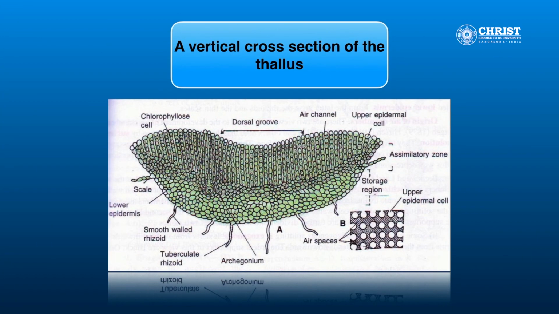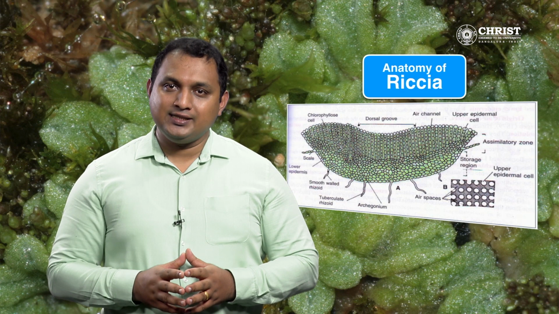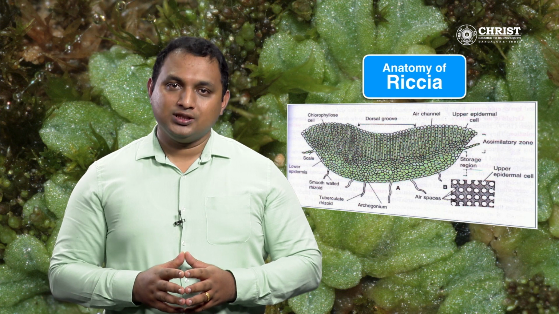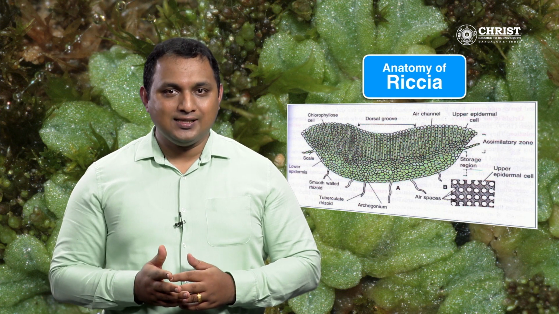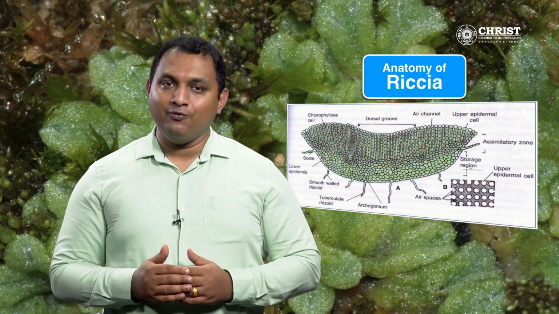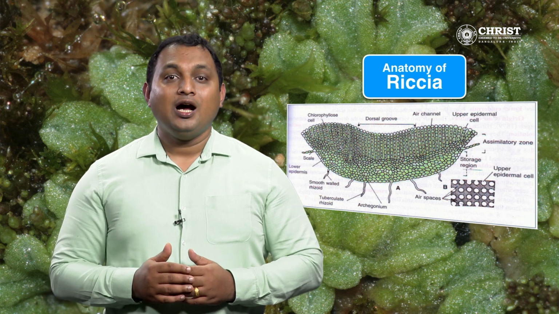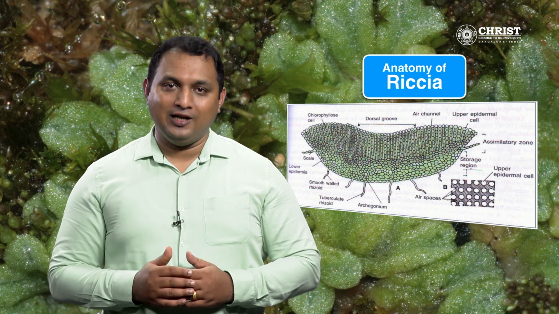A vertical cross-section of the thallus shows two distinct zones, that is upper photosynthetic zone and lower storage zone. The photosynthetic region is green, dorsal on upper region of the thallus. It is made of somewhat vertical rows of unbranched photosynthetic filaments.